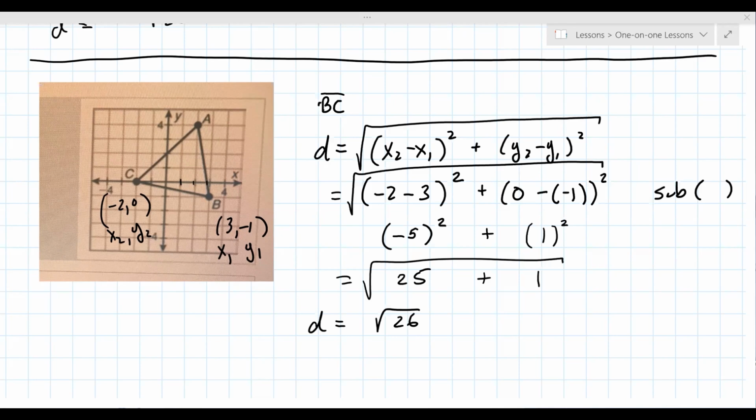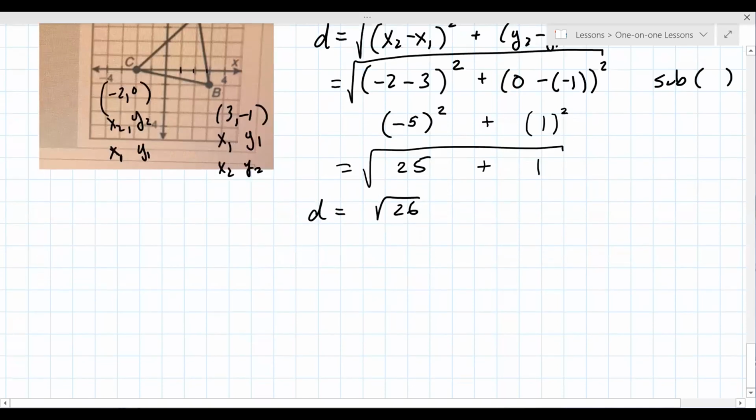Okay, so you said that it doesn't matter if the x's are flipped, right? That's right. If you made this x1 and this y1 and this x2 and y2, that will give you the same result. And I'll even do it here if you'd like to see that. Yeah, can you show that? Absolutely. So that's here.